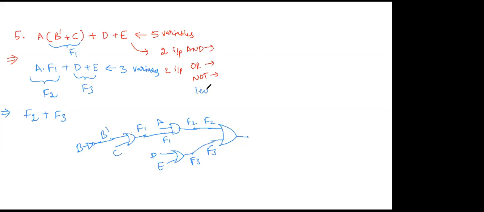One more question. How many levels are there in this internal diagram? So we need to look at the longest path. To find out the levels, you need to look at the longest path.